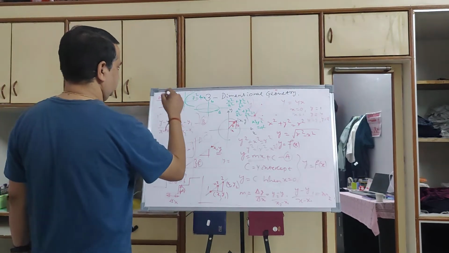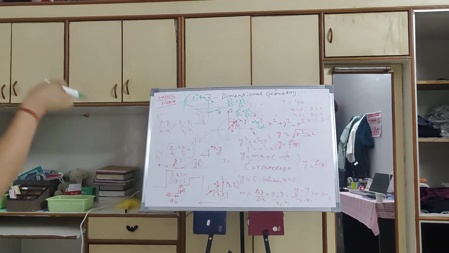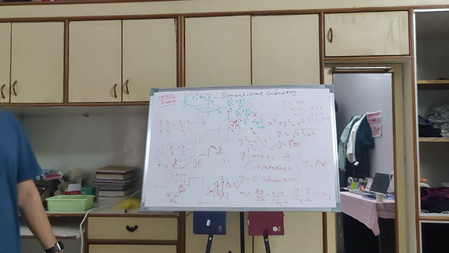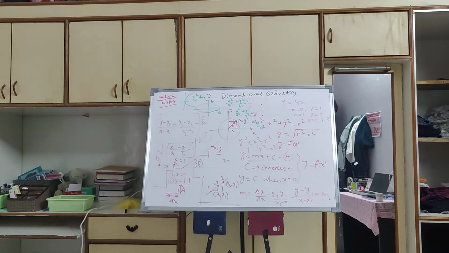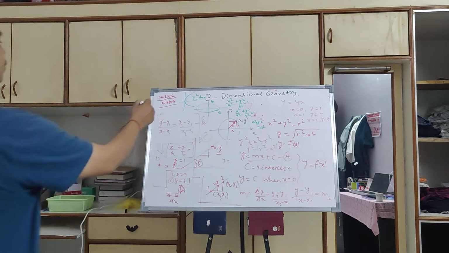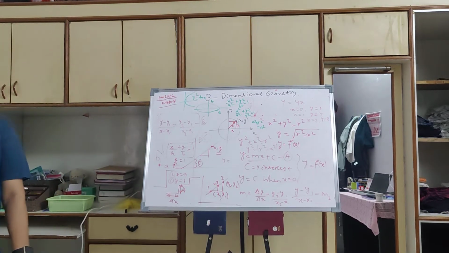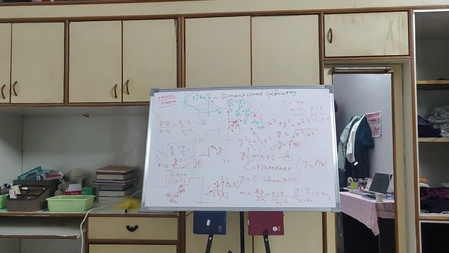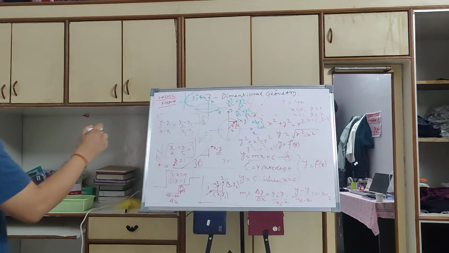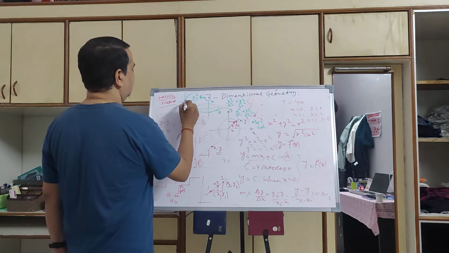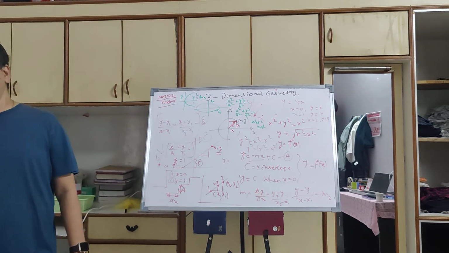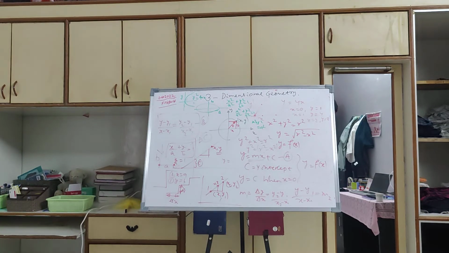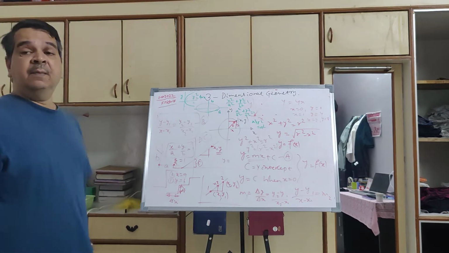For positive x and for negative x, y will be always positive, because of the square. Whether it is positive x or negative x, y will be always positive. Okay. So y square is equal to 4ax is the equation of a parabola.